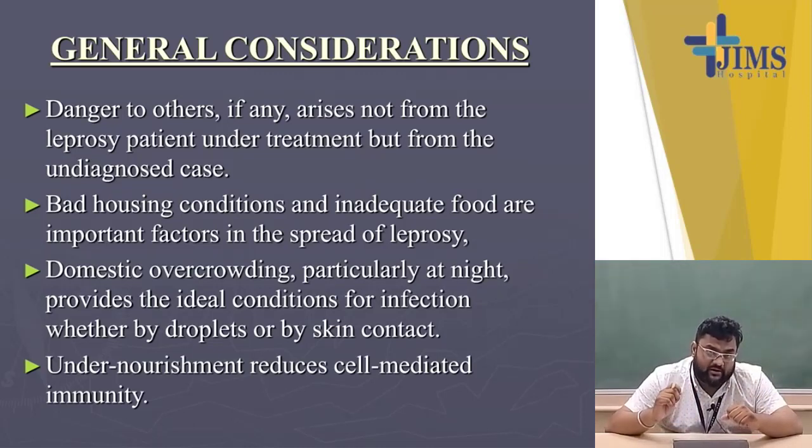The remaining 1% of the bacilli takes around 9 to 12 months to get rid of. There is one more term called persistence, which means the bacilli are still present in the body even after the complete 12-month course of treatment of a leprosy patient.